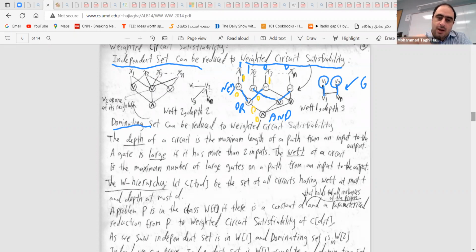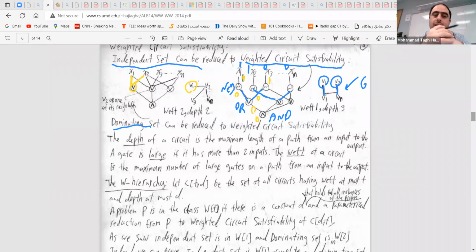Now, V1 is connected to V2. So for each of these vertices, for example, for V1, I will put an OR here, and it is connected to itself and all its neighbors. Its neighbor is V2 essentially.